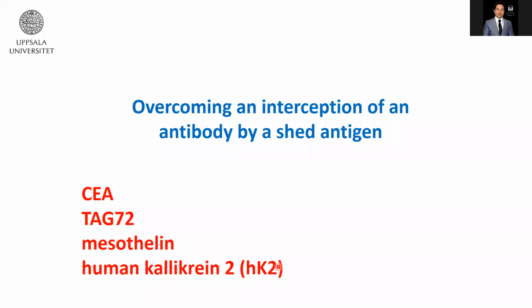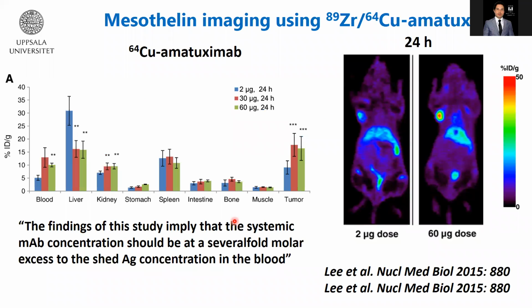It's easy for the antibody to target the shed antigen in the circulation, while the true target, which is expressed by the cancer cell, is separated at least by vasculature walls and a number of other physiological barriers. So in this situation, it's feasible that the radiolabeled antibody would just be intercepted by shed antigen.